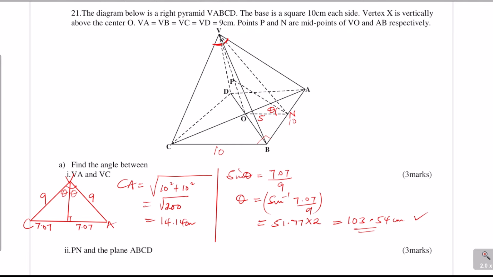And then, given that P is the midpoint of VO, we can get VO. If we manage to get VO, it will be better that way.